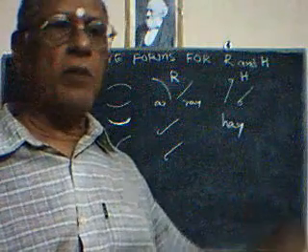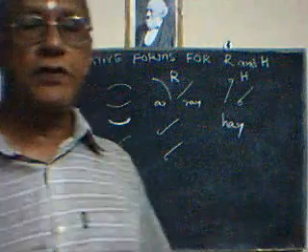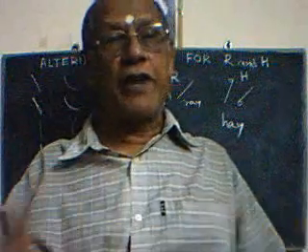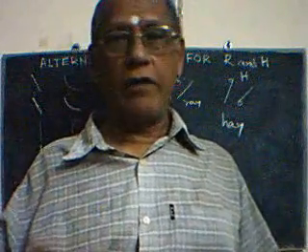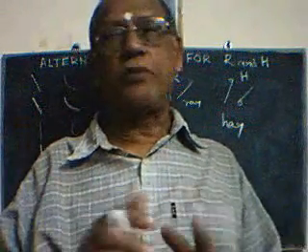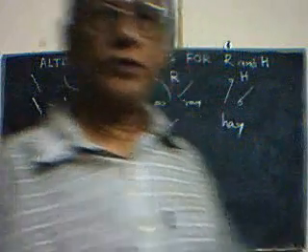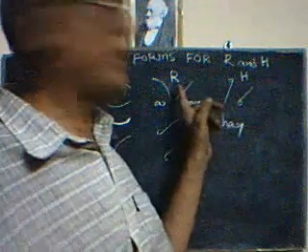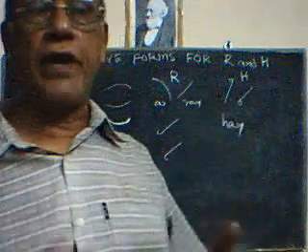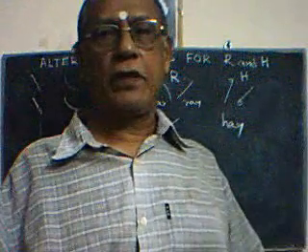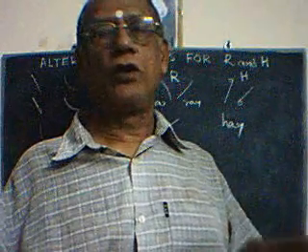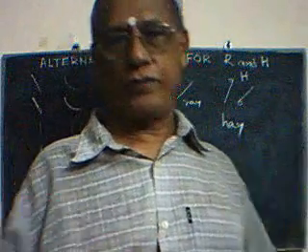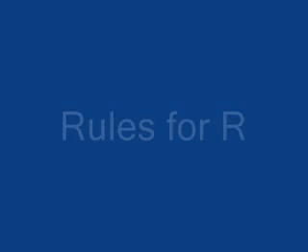We can use this form or that form. Now the question is which form should be used when, so we will have to set rules. We are going to deal with consonants R and He, which are provided with alternative forms, and study the rules attached to these two consonantal forms.